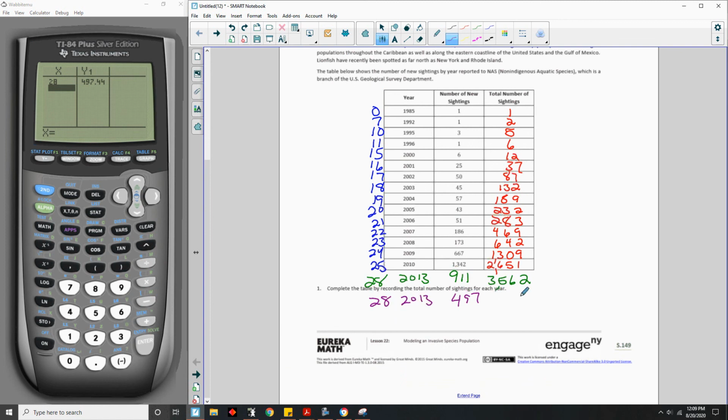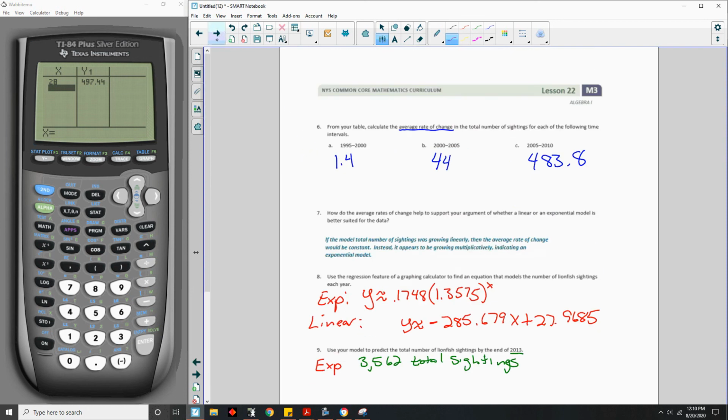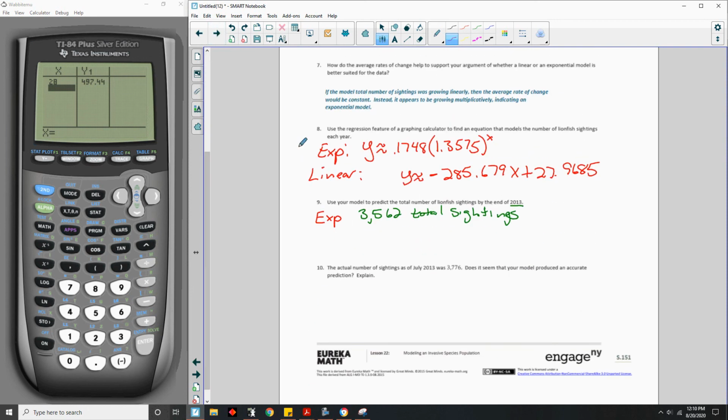And then we add that to here, that'd be 8. 9 plus 5 is 14. And 6 and 4 is 10, plus 1 is 11. It'd be 3,148 total sightings if it were linear.